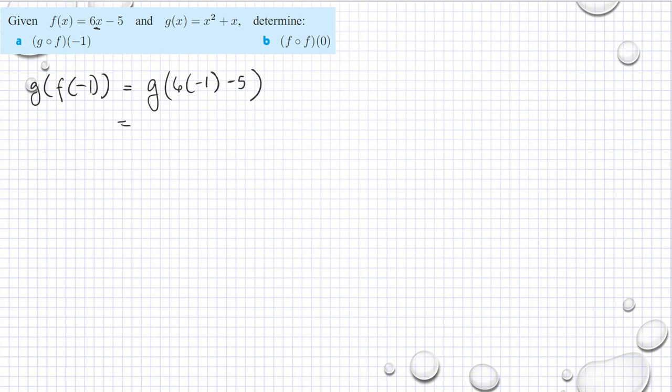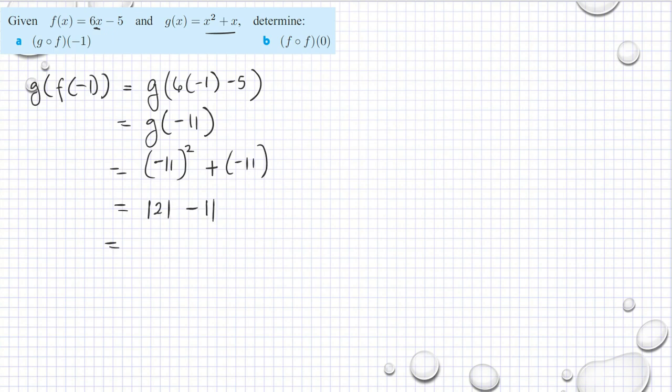Then we have g of negative 11, so negative 11 raised to 2 plus negative 11. Then we have 121 minus 11, which is 110.